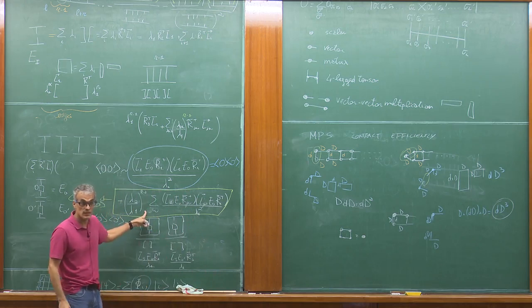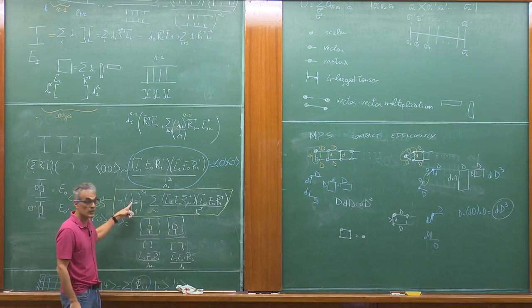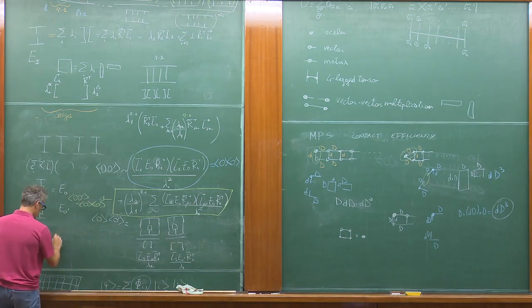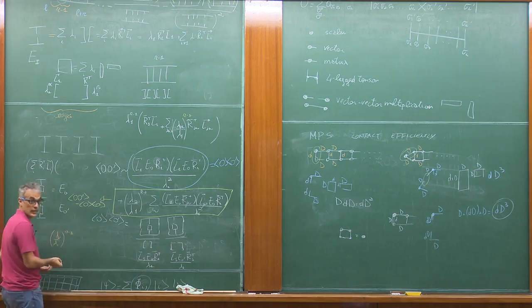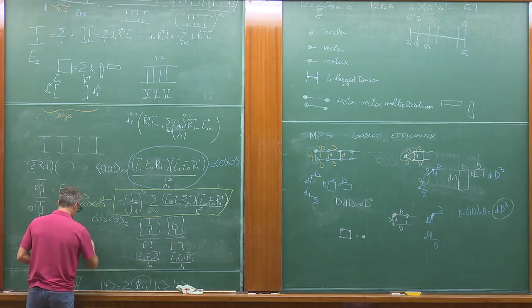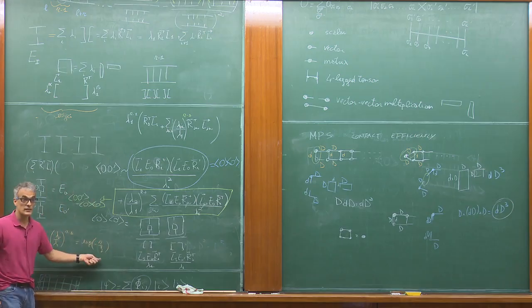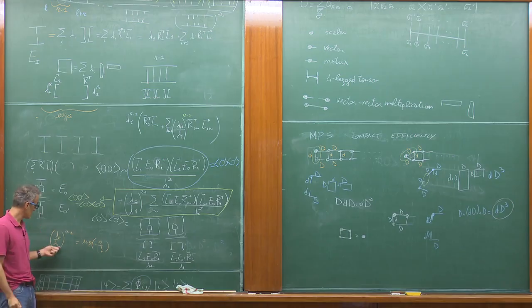You see, it goes as some number, lambda 2 over lambda 1, to the power distance minus 1. Then you can say this is an exponential of the distance over some chi, and you find what the value of this is, which is related to the logarithm of these things, okay?